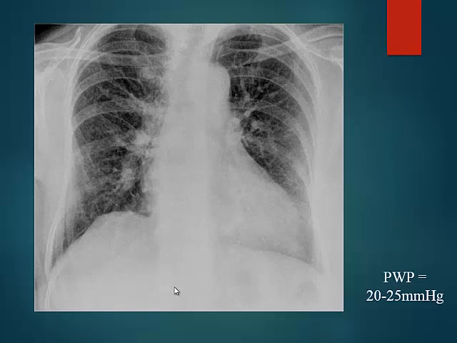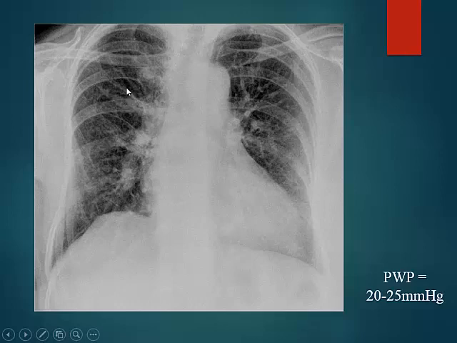Pruning means there is absence of vascularity in the peripheral third of the lung parenchyma. Here you can see the vessels going all the way peripherally. If you observe carefully, the pulmonary vessels here have irregular, blurred margins.